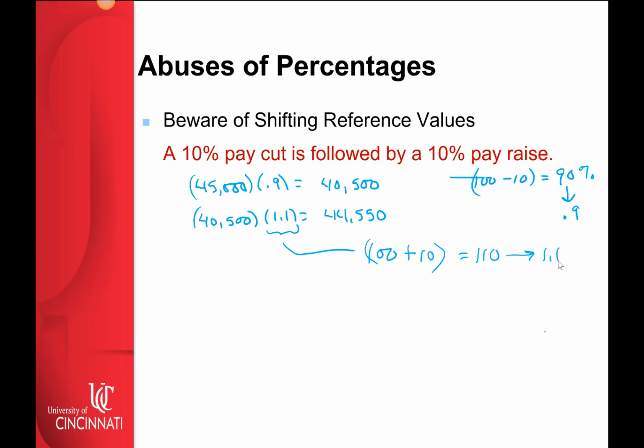That's exactly it. This is what is called a shifting reference value. It's very common for people to say, well, 10% off, 10% on, we're going to be back to the same amount. No, you aren't. Because the new value is a smaller starting point. Does that make sense why it's not as big?